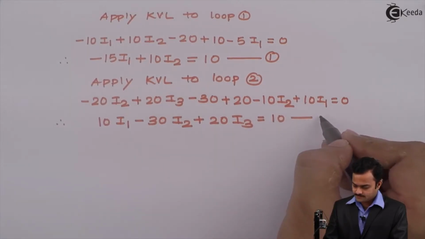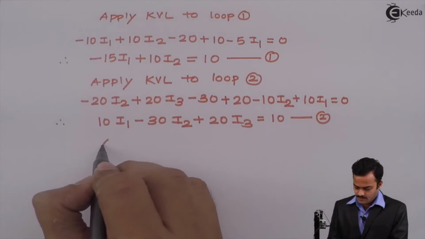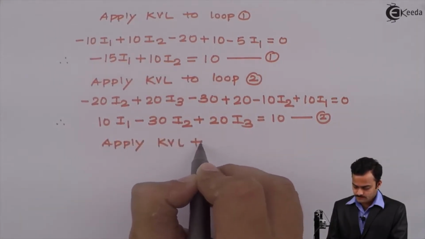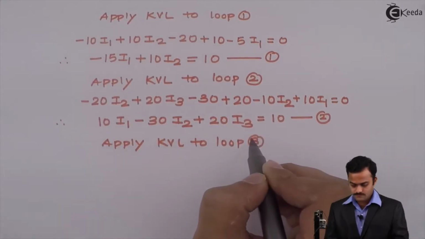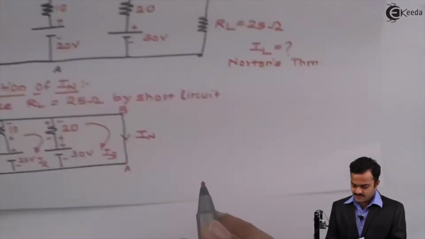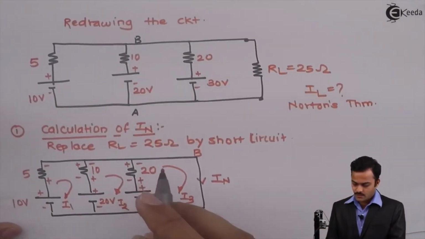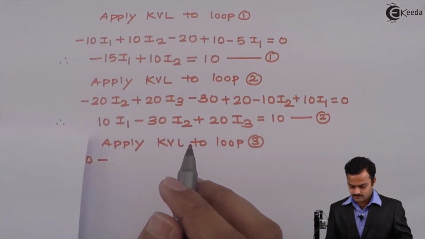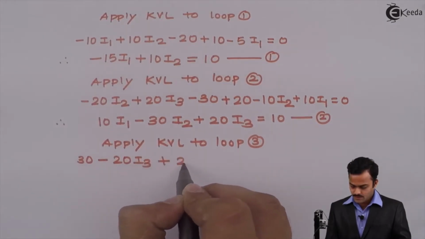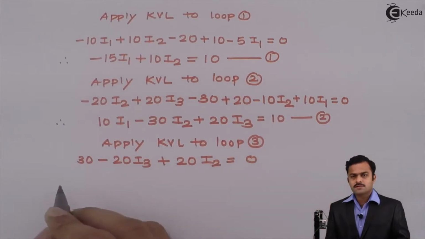It is plus 10. Equation number 2. And finally, if I apply KVL to loop 3, I will get plus 30 minus 20 I3 plus 20 I2 equal to 0.